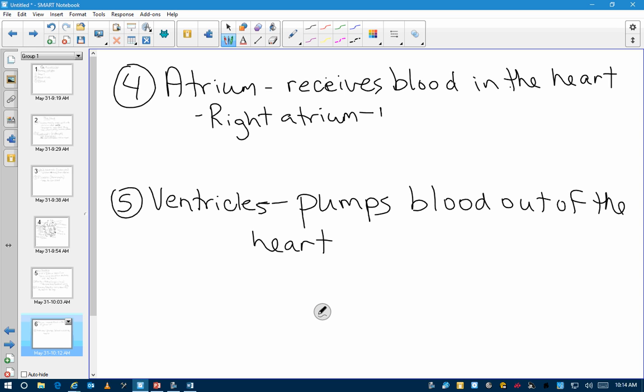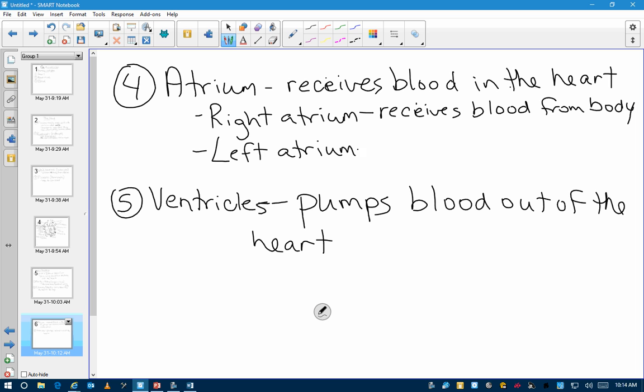Okay. Receives blood from the body. And your left atrium receives blood from your lungs. So both are receiving blood into the heart.